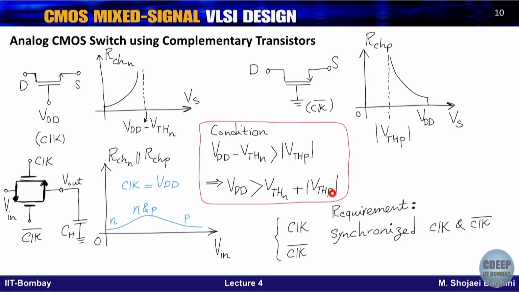Based on this condition, if I put two switches in parallel, not exactly parallel, their gates are inverted, but their input and output are the same. So I will get some kind of equivalent parallel R-on resistance this way. At low values of V in, NMOS is dominant and determines the R-on of the switch.